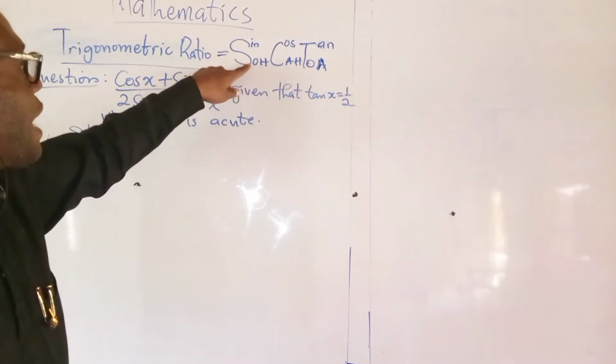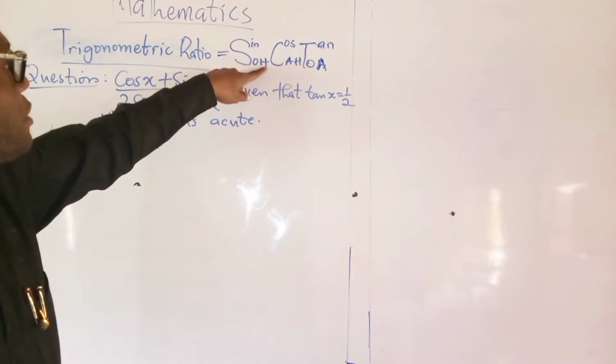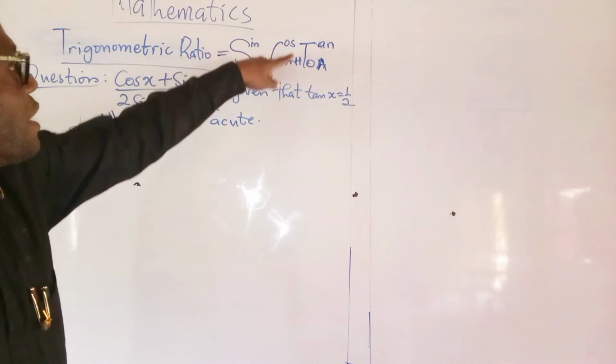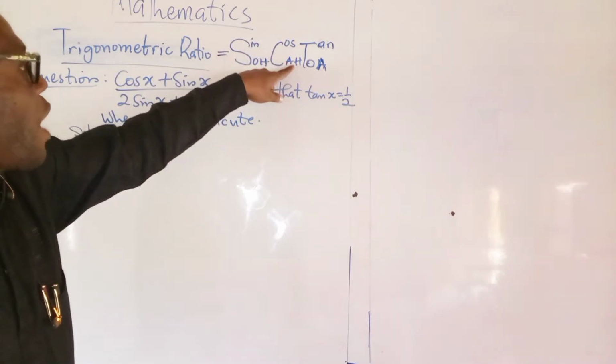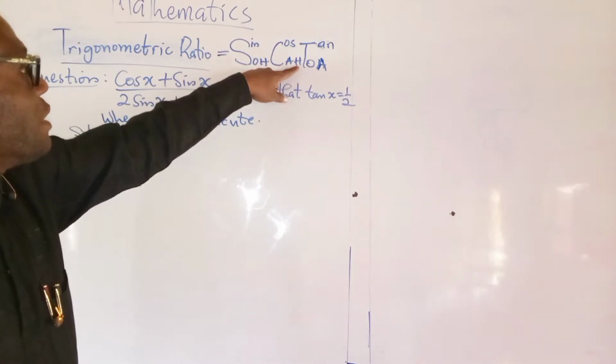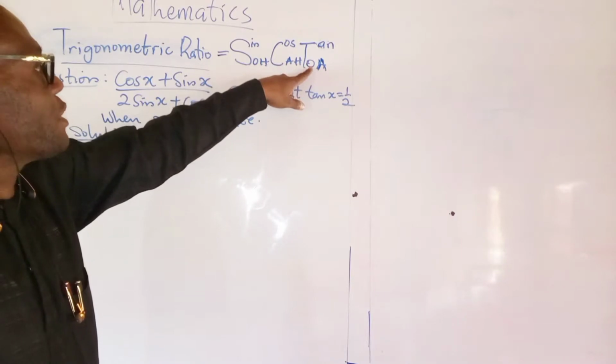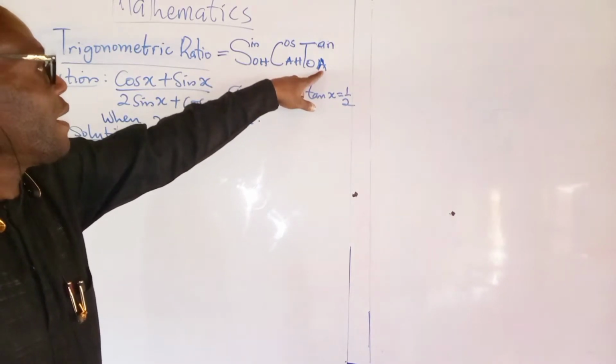I repeat, sine is equal to opposite divided by hypotenuse. Cos theta is equal to adjacent divided by hypotenuse. Tan is equal to opposite divided by adjacent.